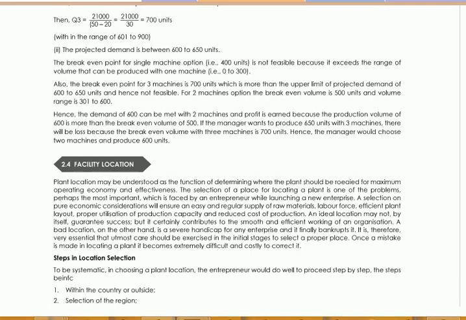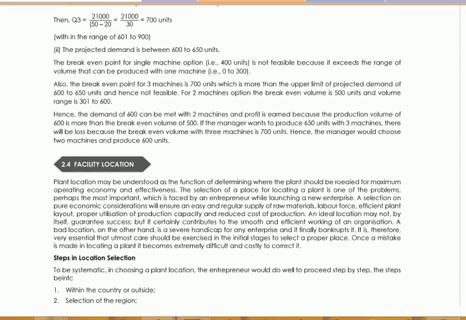Here again the same thing is happening as in the previous part. The break-even point, that is 700 units, is exceeding the highest limit of the range, that is 650 units. So selecting only 3 machines for this given range of projected demand is also not suitable at all.